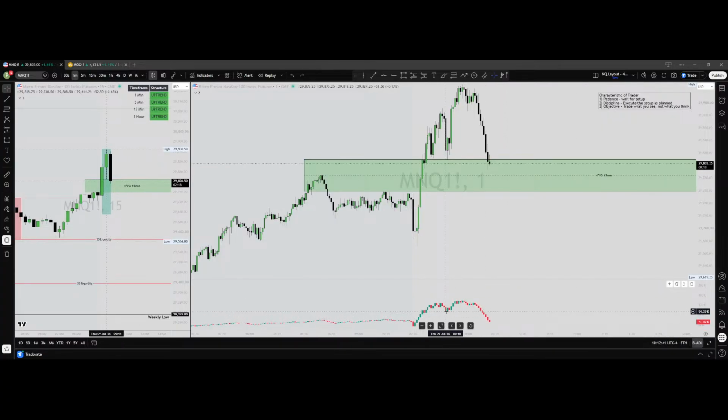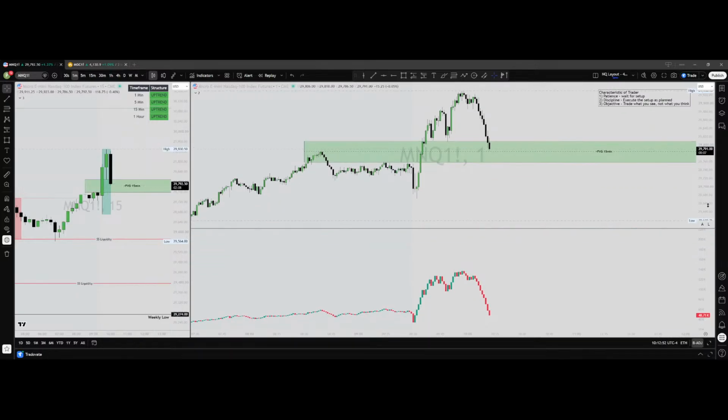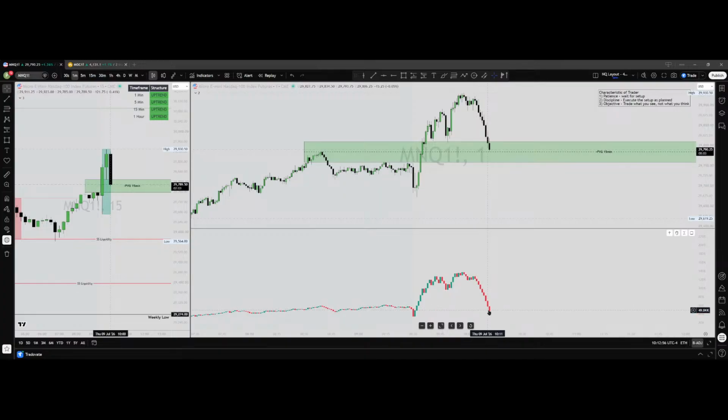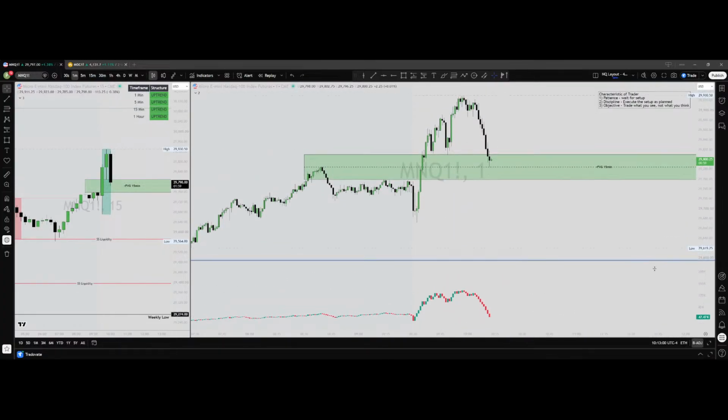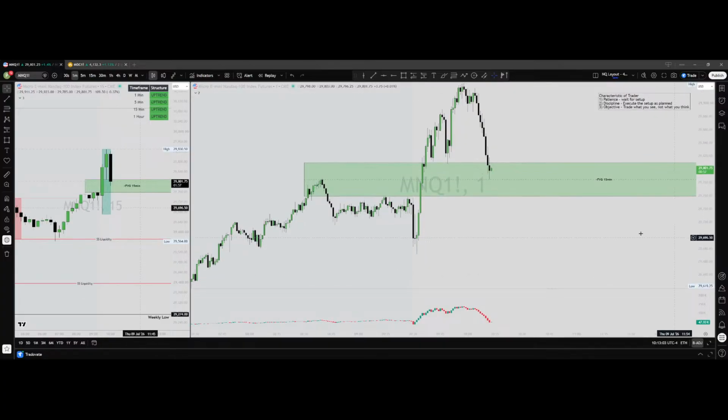Watch this. There's a lot of selling volume that came in, but the price is not moving lower as it should. You can see this clearly. Look at the difference between price and volume. It simply shows that there are bulls trying to buy this market.